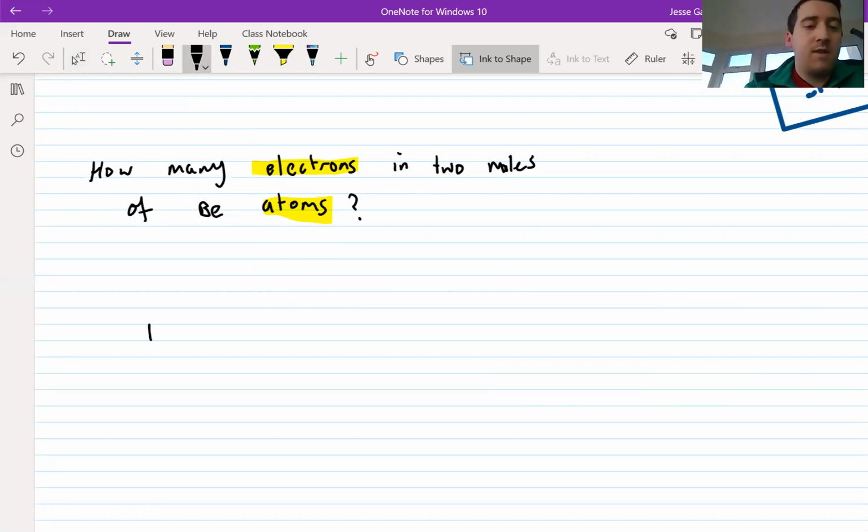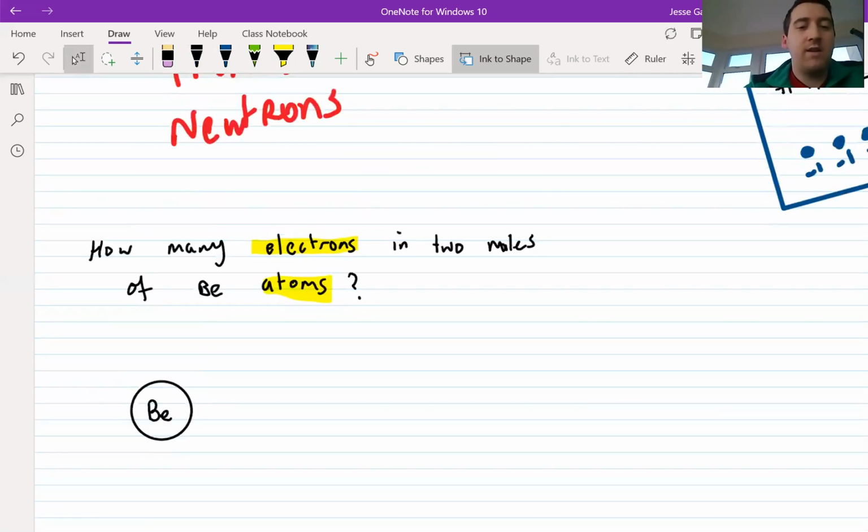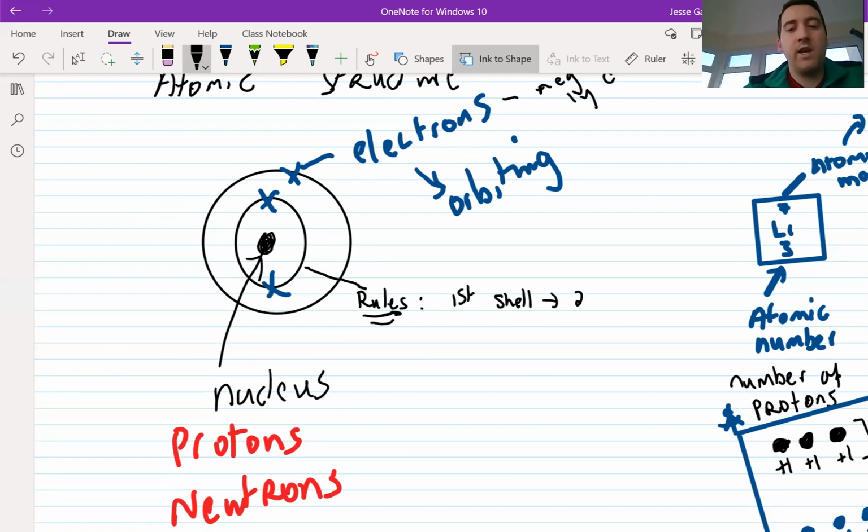Well, beryllium has the symbol Be. So what I want you to do now is I want you to draw the atom for me. Oh, there's one more thing I need to tell you, sorry. You see these shells? These shells have rules. The rules are, in the first energy level, or first shell, you can hold a maximum of 2 electrons.